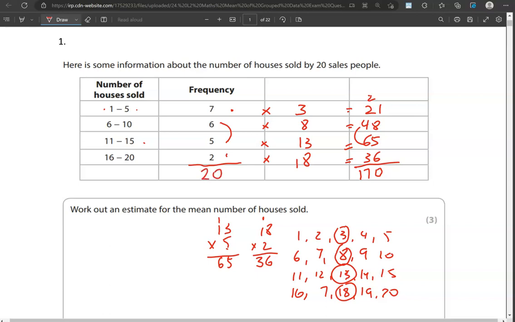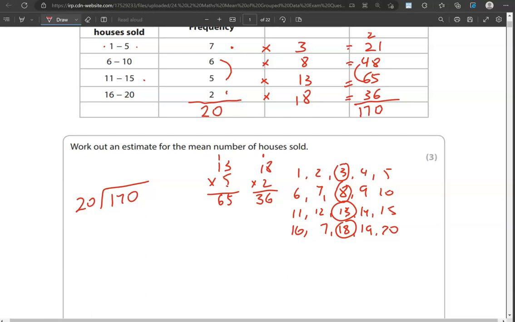So we'll work out what is 170 divided by 20. So how many 20s fit into 170? We know that 5 times 20 gives us 100. Well, we've got 170 here. 6 times 20, that is 120. 7 times 20 is 140, 8 times 20 is 160, but this is a bit higher, it's 170.